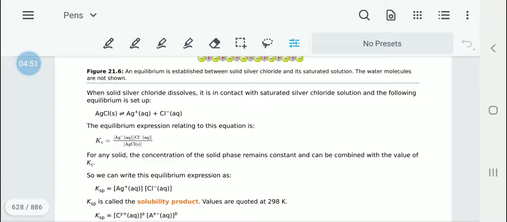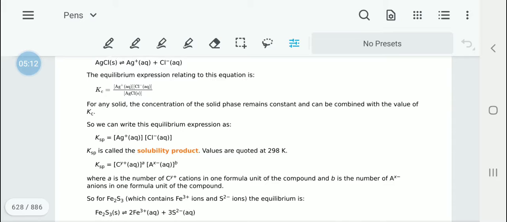Because for any solid the concentration remains constant, we can write the equilibrium expression as Ksp, which is going to be the solubility product. Solubility product is equal to Ag plus multiplied by Cl minus. This value is quoted at 298 Kelvin.